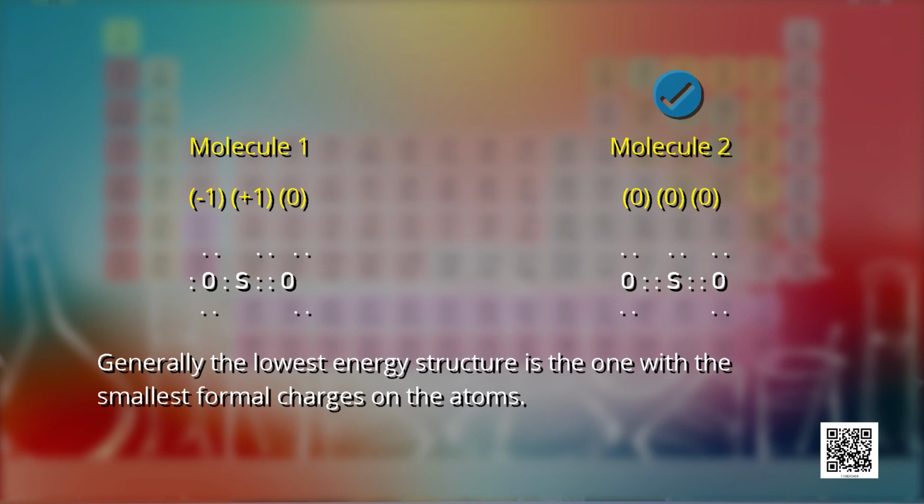Now, generally the lowest energy structure is the one with the smallest formal charge on the atoms. So, the formal charge is a factor based on the pure covalent view of bonding, in which electron pairs are shared equally by neighboring atoms. Now, students, now that you have learnt to calculate formal charges, always keep it in mind.